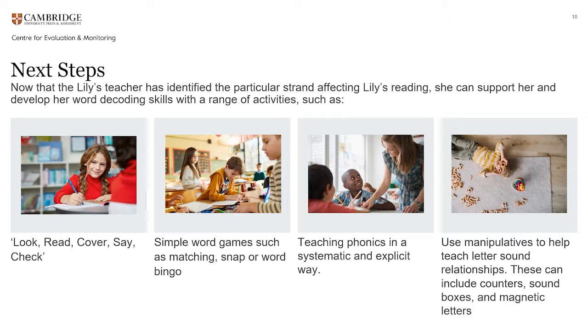Simple word games like matching, snap, or word bingo, really simple fun activities that should be appreciated for their benefits, and teaching phonics in a systematic and explicit way. And also, making it fun, using manipulatives to help teach letter sound relationships. So, for example, counters, sound boxes, magnetic letters, things like that.